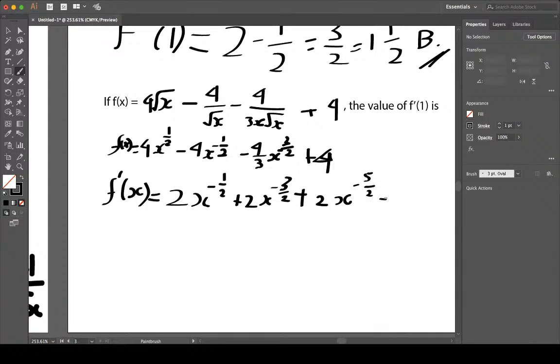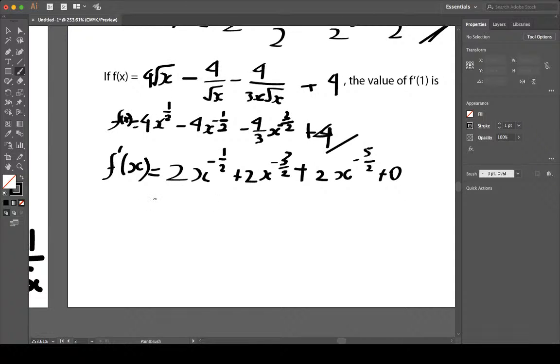Add this by 0, the constant, which is just a lone number. So we can rewrite this as 2 over square root of x, plus 2 over x square root of x, plus 2 over x squared square root of x. From here we want to find the f derivative of 1.